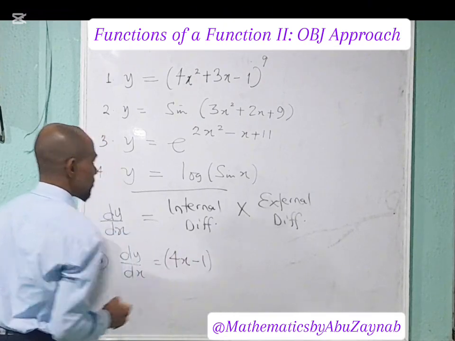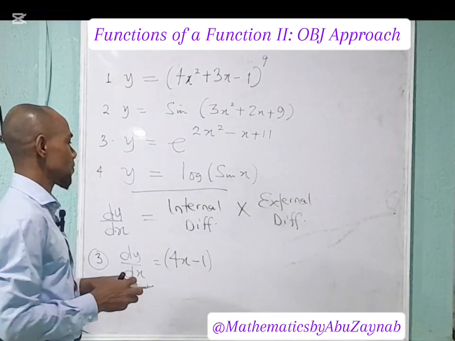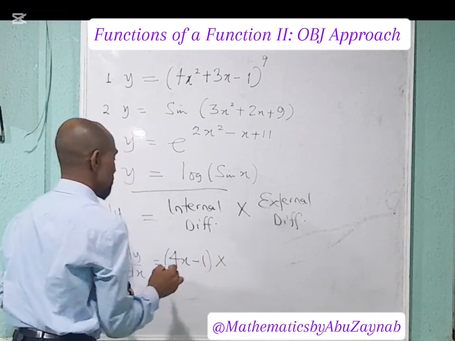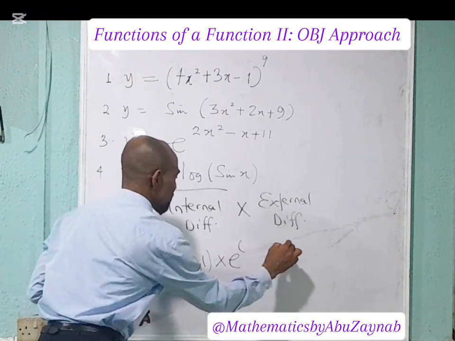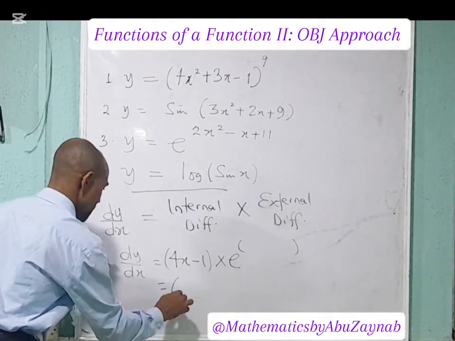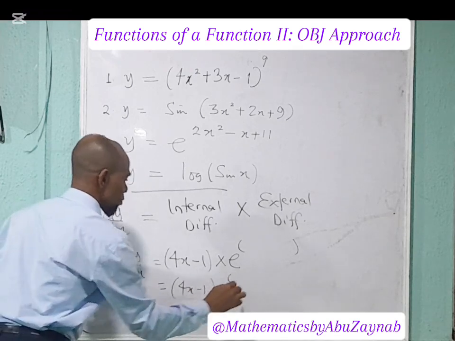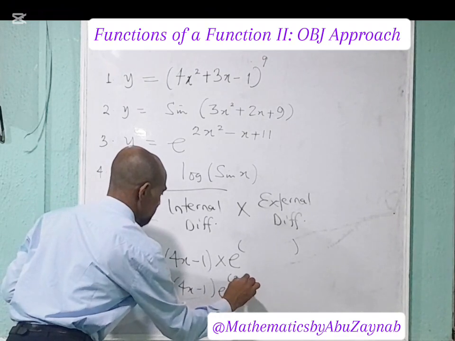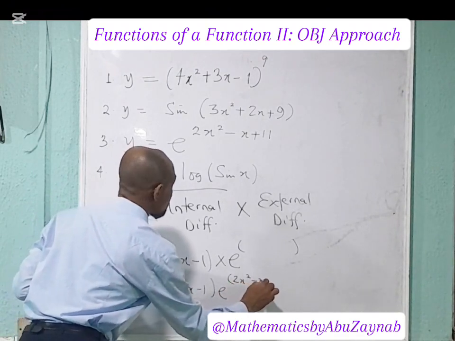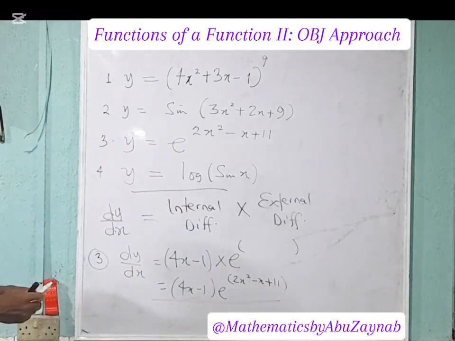The power is seen as internal because it's the one in the bracket. The external, when we differentiate exponential, we end up having exponential, remember from the very first table I gave. So we have 4x minus 1 times e to the power, replacing the content of the bracket, which is 2x squared minus x plus 11. Again, in 2 steps, we've gotten our answer.